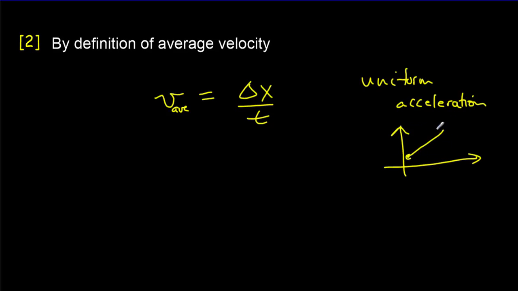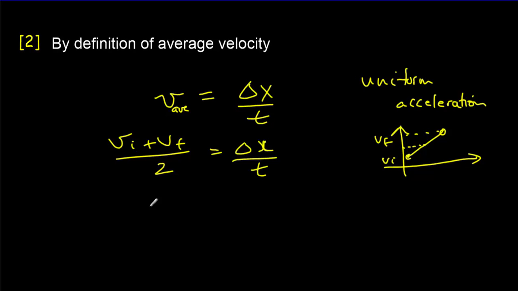And that means your average velocity is going to be exactly halfway in between your initial and your final velocity. So to find the number that's halfway in between VI and VF, we just add VI and VF and divide by 2. So it's kind of like when you get 70 on one test, you get 80 on the next test, your average would be 70 plus 80 divided by 2.